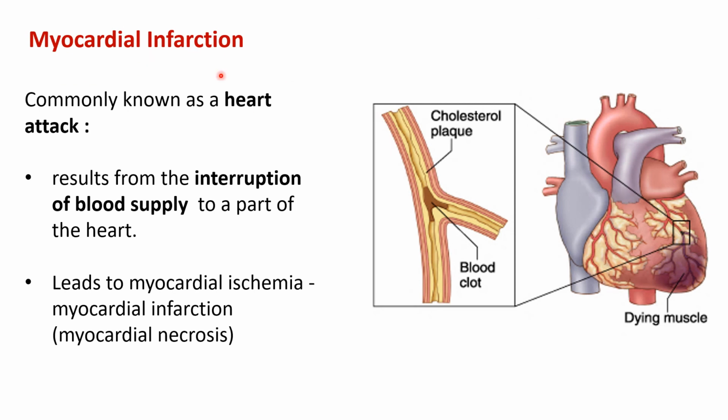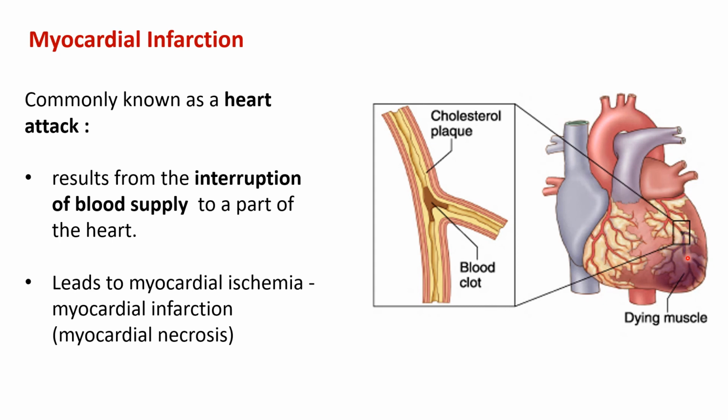Now, what is myocardial infarction? Infarction means the tissue becomes dead. This is also known as MI, or heart attack by a layman, and it results from interruption of blood supply to a part of the heart. Here there is complete interruption of the blood supply to the heart.